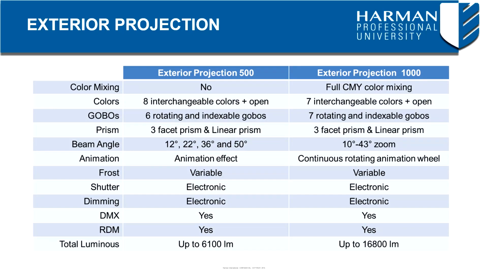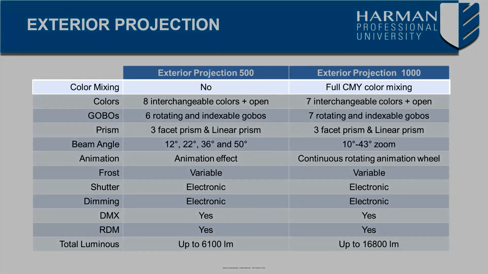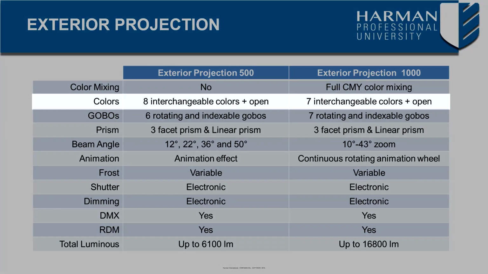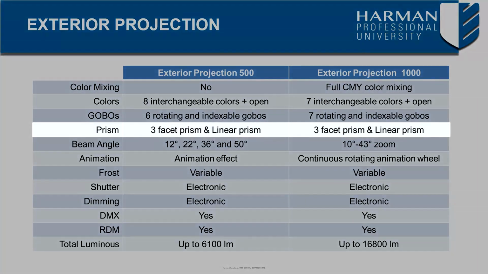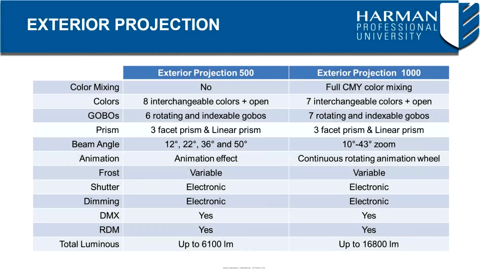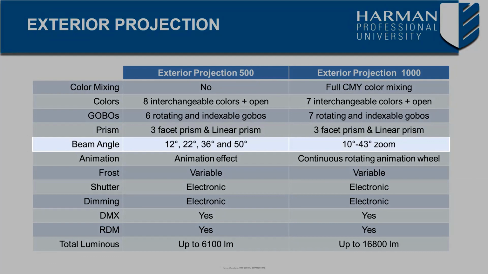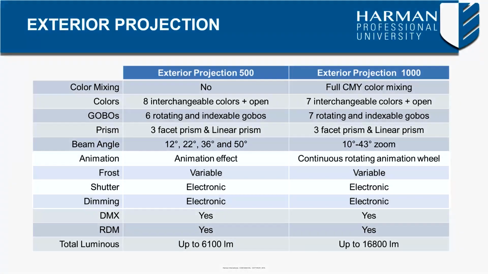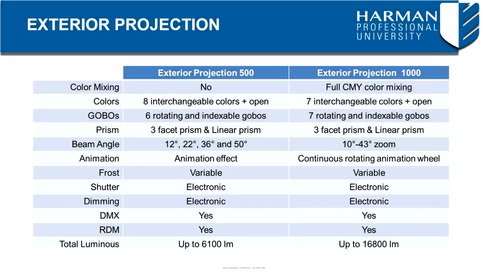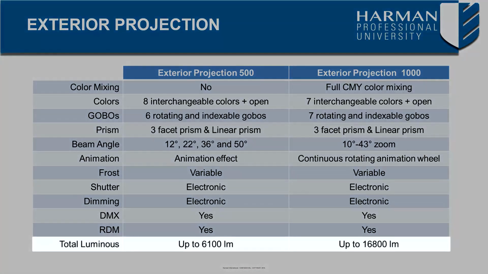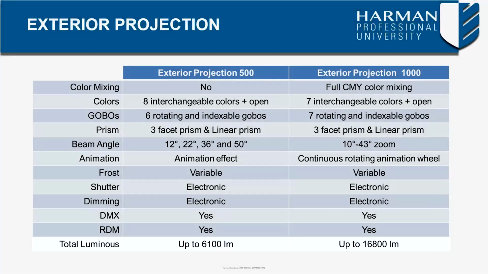Now, depending upon the model type, effects include color mixing on the 1000 model, 7 to 8 interchangeable colors, 6 to 7 rotating gobos, linear and 3-facet prisms. As mentioned before, beam angles vary with each model type. Animation, frost, electronic shutter, electronic dimming, and finally, a luminosity of 6100 lumens to 16,800 lumens.